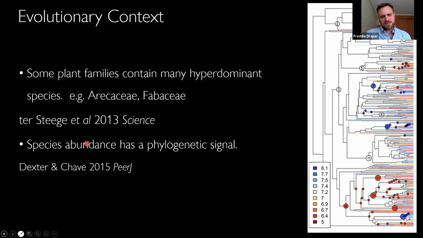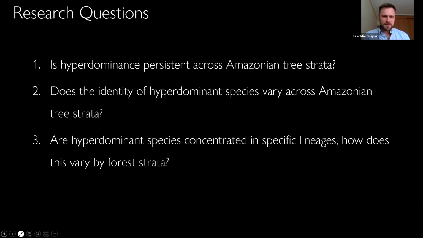In some ways, this isn't new information for botanists that are experienced working in tropical forests, but we wanted to try and quantify this idea of how important it is, what lineage you belong to, in terms of the chance of you having a number of hyperdominant species.